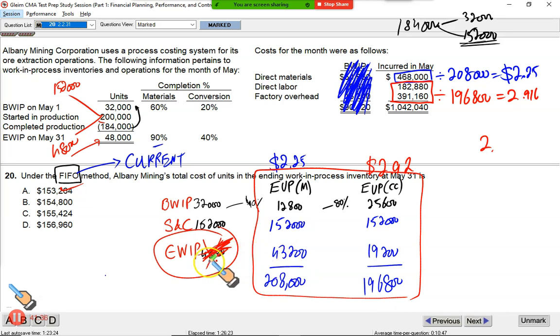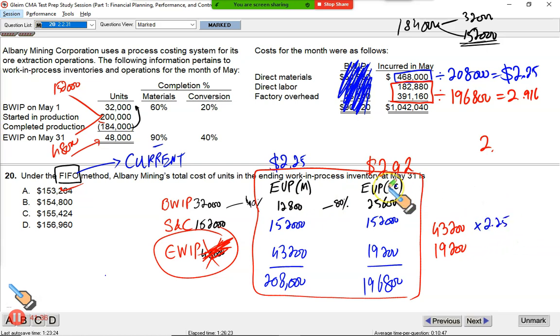Now, if I want to value my ending work in process, yes, physically they are 48,000. But from the material point of view, they are 43,200. From the conversion cost point of view, there are 48,000 physical units, but they are 19,200 EUPs. From the materials perspective, there are 43,200 EUPs, and each EUP of material has a rate of 2.25.